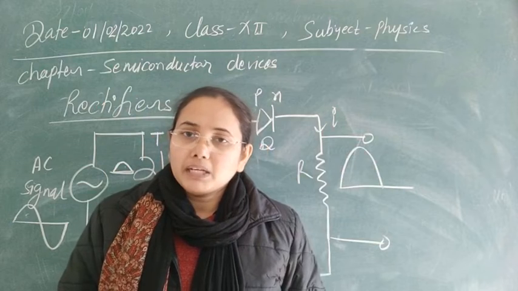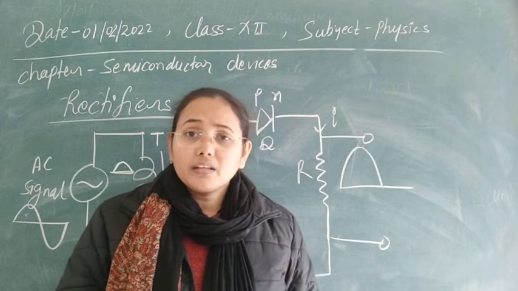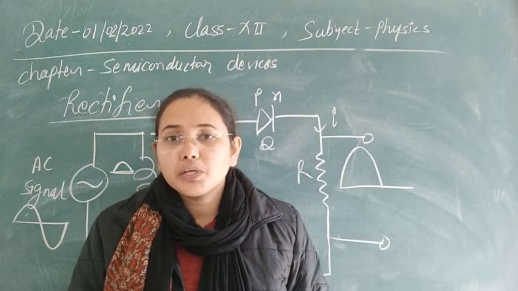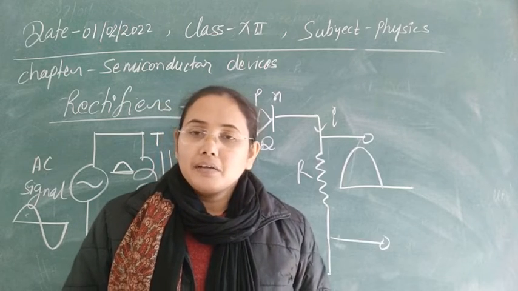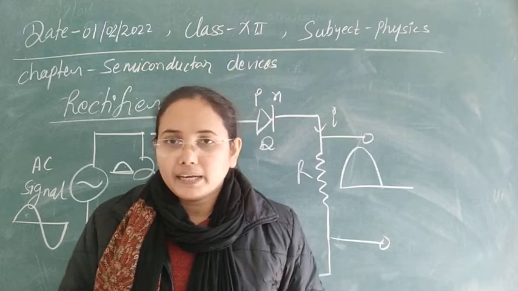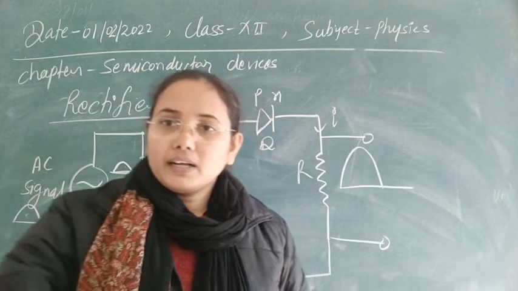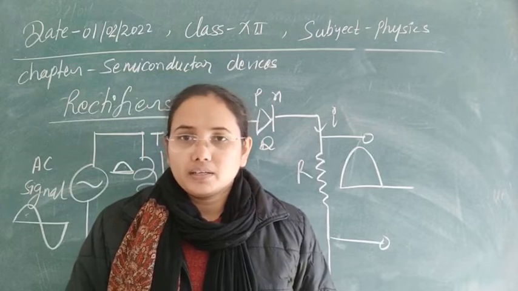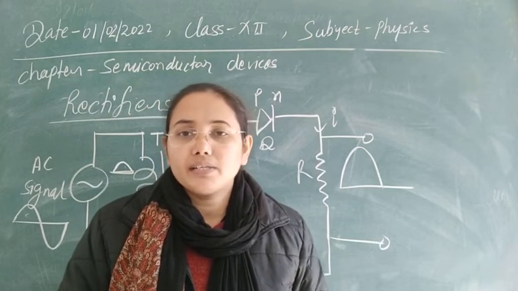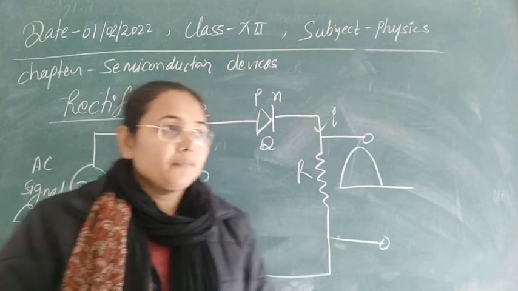So this is our primary condition: the diode's breakdown potential must always be greater than the signal's voltage. It means that when the diode is connected in forward bias, it will conduct, and if it is connected in reverse bias, it will not conduct. This is the definition of our ideal diode.